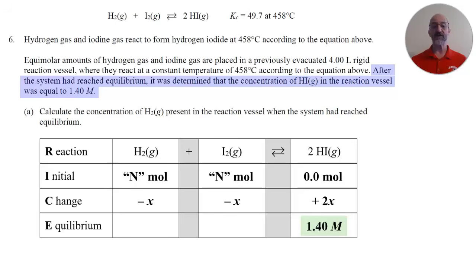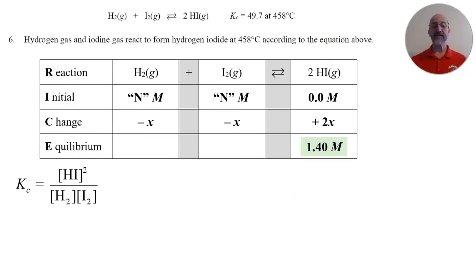Now I will set up an equation using the equilibrium constant expression for this reaction and then do some algebra to solve for the concentration of hydrogen present in the reaction vessel when the system had reached equilibrium. So there is the equilibrium constant expression, Kc. It's going to be the concentration of HI squared divided by the product of the concentrations of hydrogen and iodine.